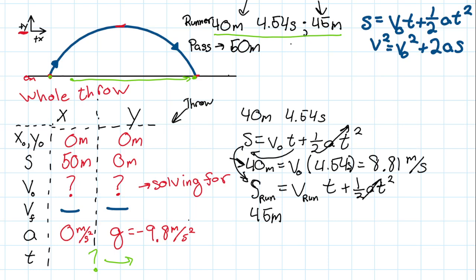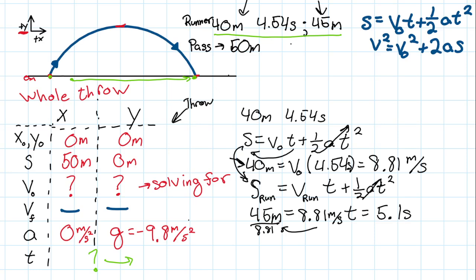So 45 meters is equal to the speed of the runner, 8.81 meters per second, times the time it takes them to do that. If I move this over, 45 divided by 8.81, I get, I think it was 5.1 seconds.